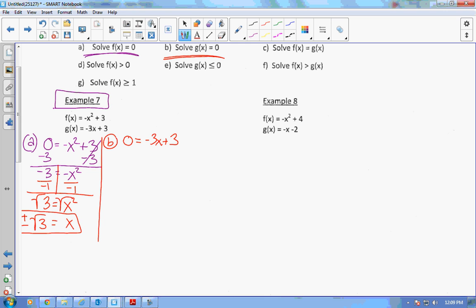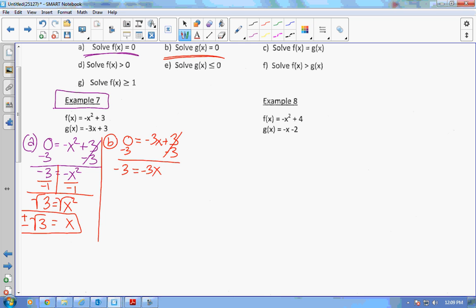It's x to the first power. Okay, Omar, what did you do first? Good. Minus 3, both sides. 0 minus 3 is what? So 0 minus 3 is negative 3, which equals negative 3x.